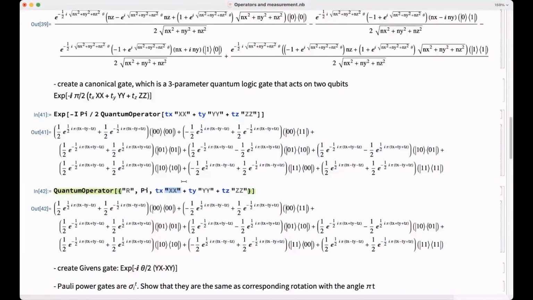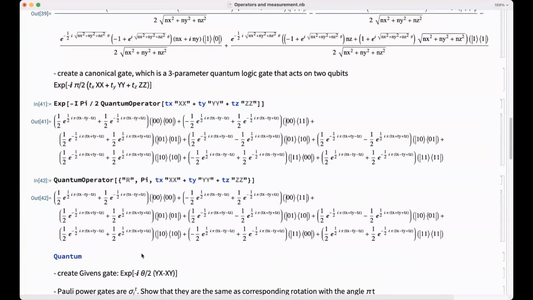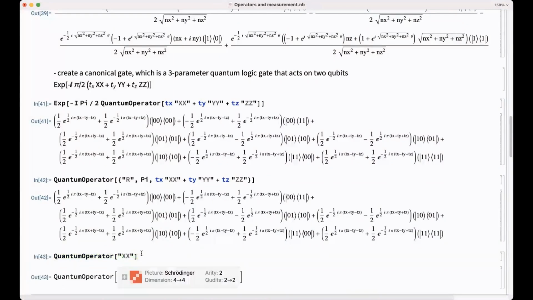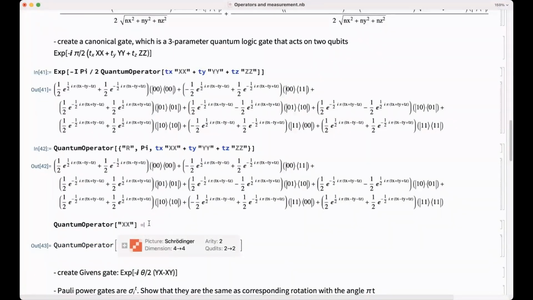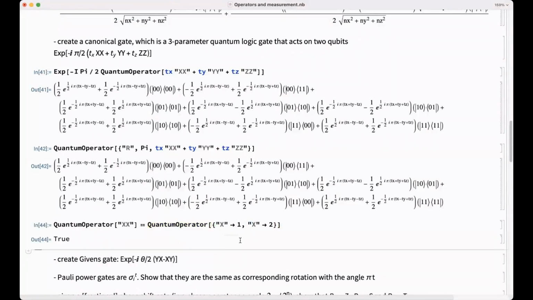In this notation we haven't specified any order, because it's 2-qubit, so behind the scenes we understand it as X acting on the first one and X on the second one. That's literally how we interpret that.